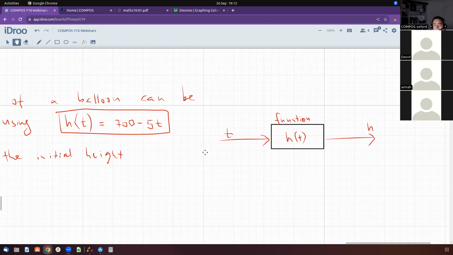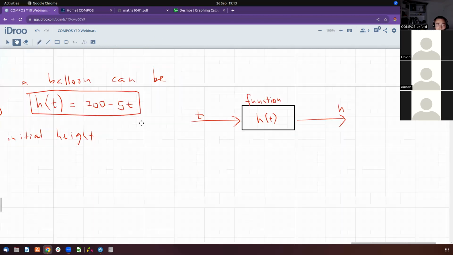You give it a time and it tells you what height it is. So you say, what's the height after 50 seconds? Okay, 50, you put it in. It does 700 minus 5 times 50, so 700 minus 250, which gives you 450.